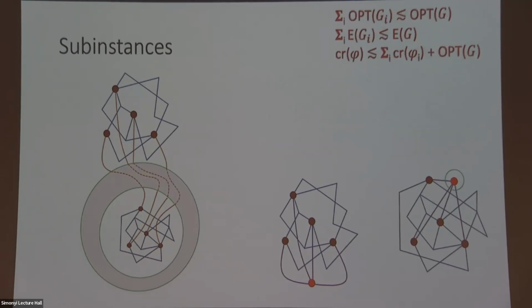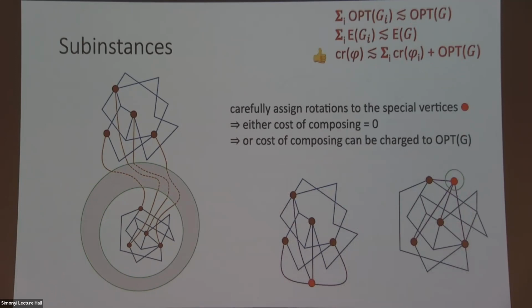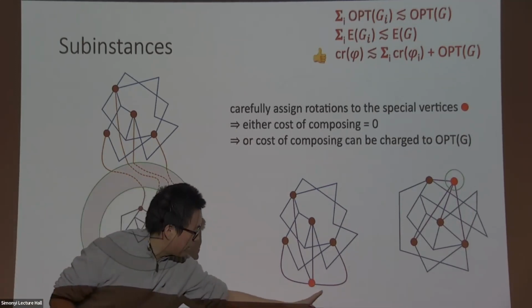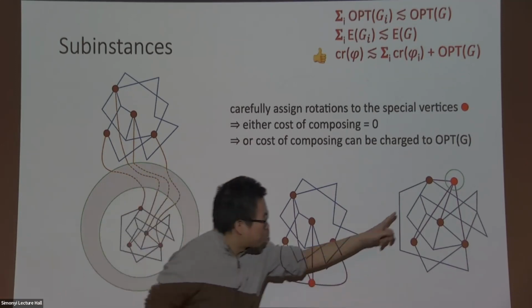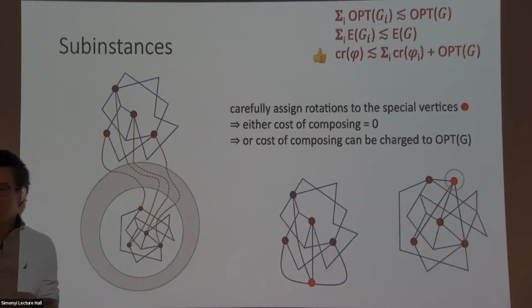One technical part: recall that the instance we are recursing on is still an instance of crossing number with rotation system. So we have the freedom of defining the rotation system in the sub-instances.